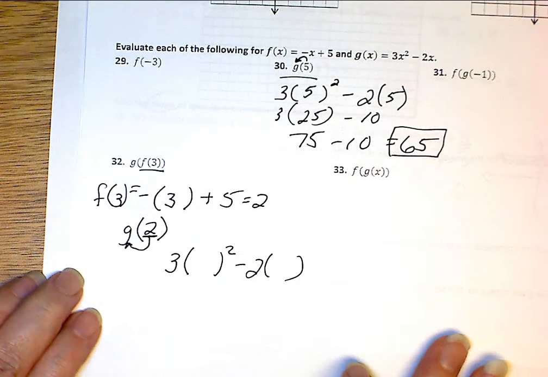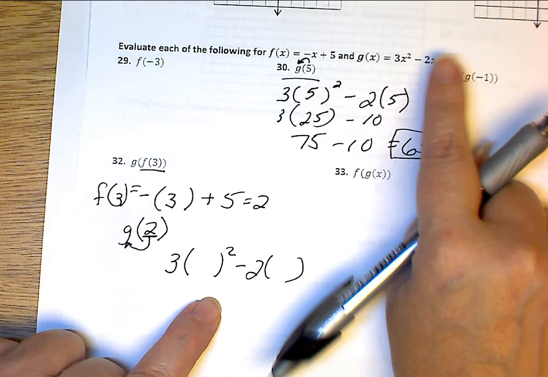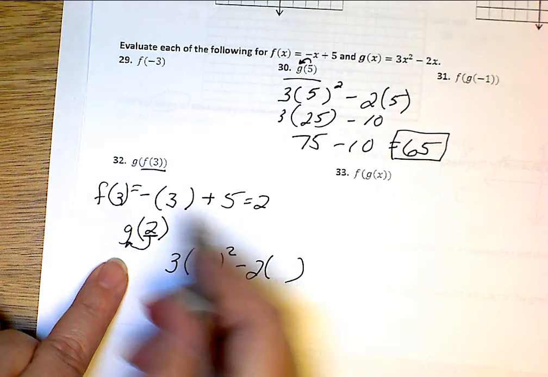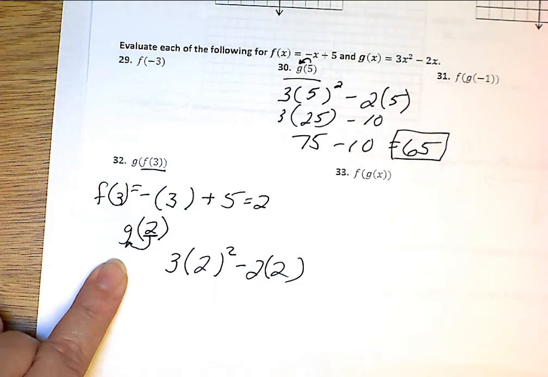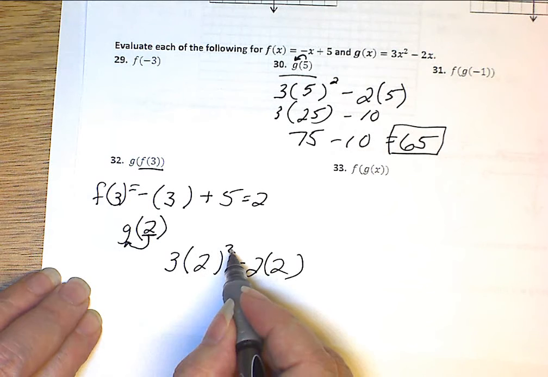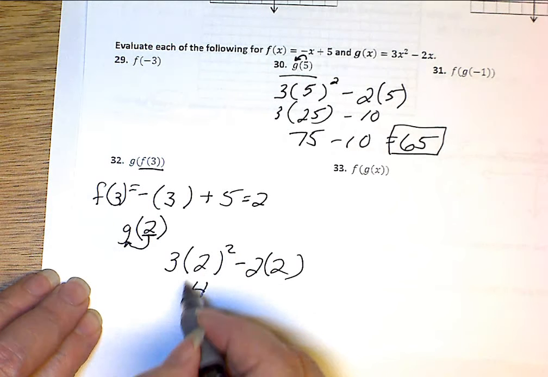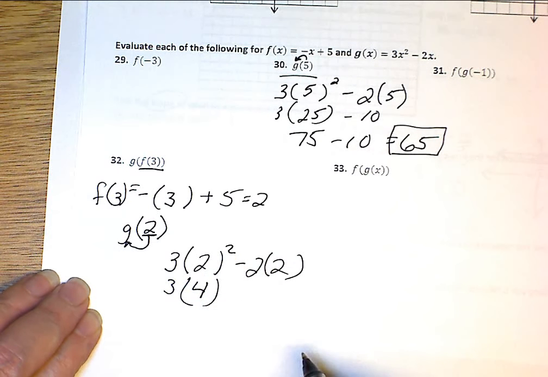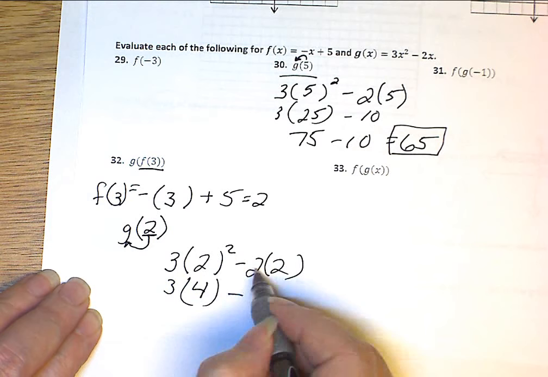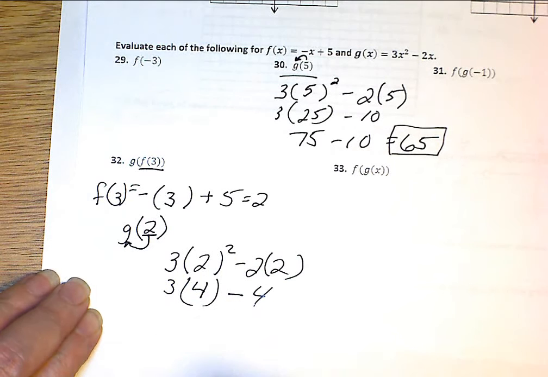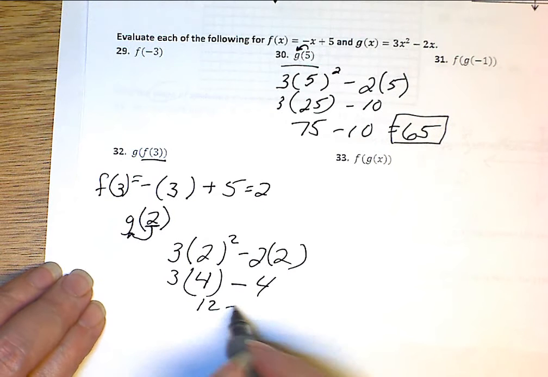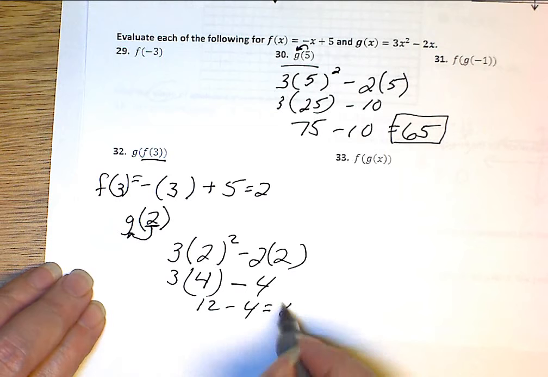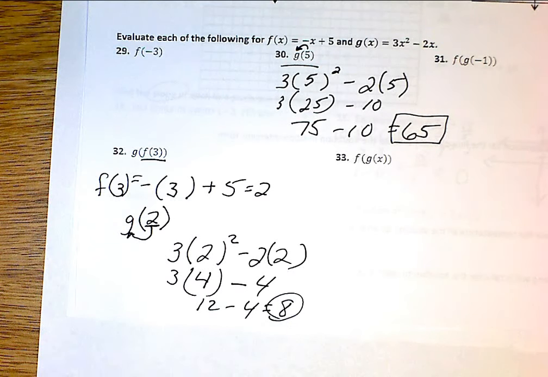Right? Do you see how that's the exact same thing? Okay. Then we're just putting my 2 inside it. So I have 2 squared gives me 4 times 3 minus 2 times 2 is 4. So I have 12 minus 4 gives me 8. Question on that?